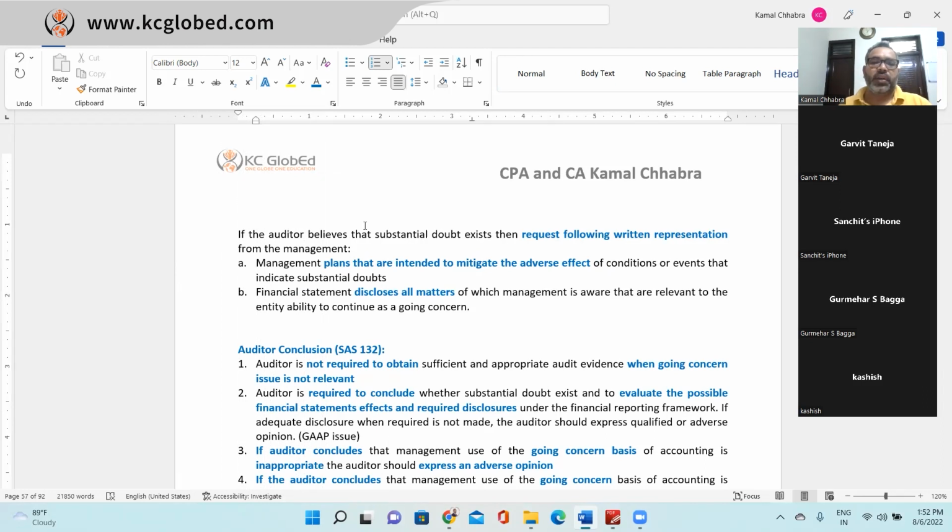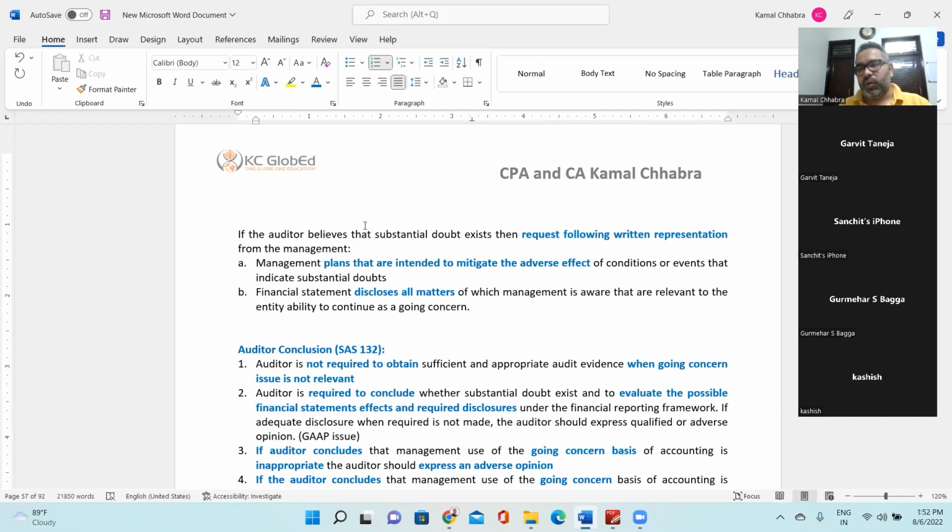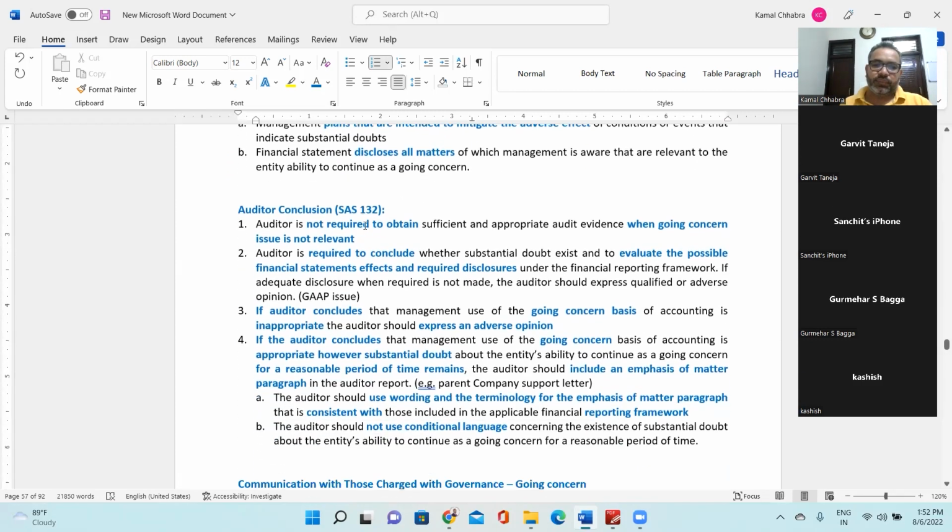Second is financial statement disclose all matters of the management is aware of that relevant to the entity ability to continue as a going concern. So these two things, specific disclosure, you'll be taking in the management representation letter.